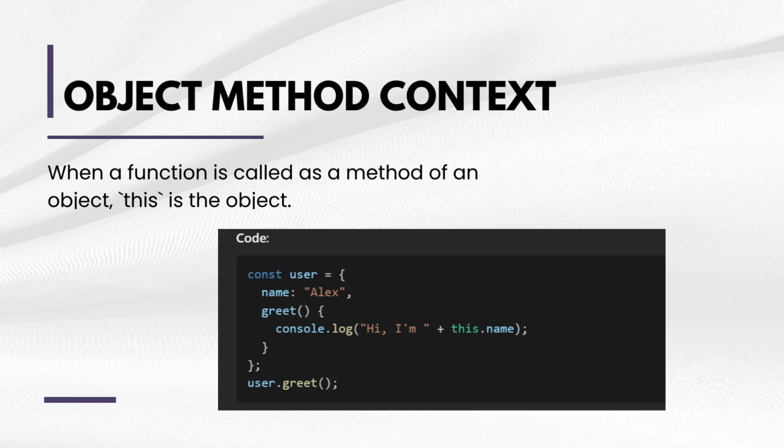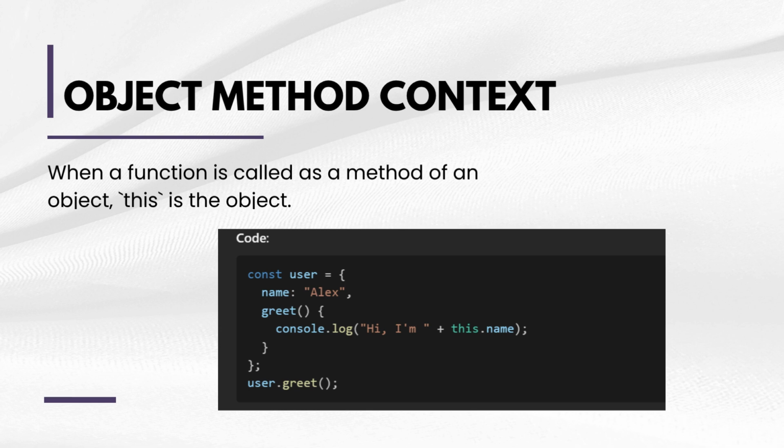Object method context. When a function is called as a method of an object, this is the object itself. In our case here, you have an object, and inside the object you have a property name with the value Alex, and a function greet.